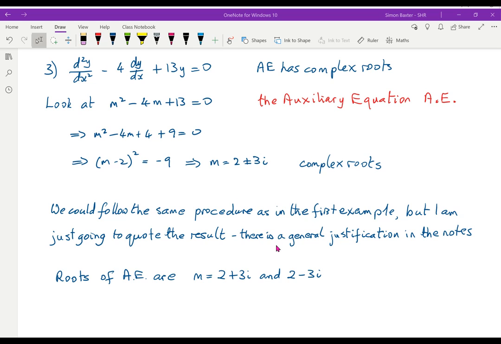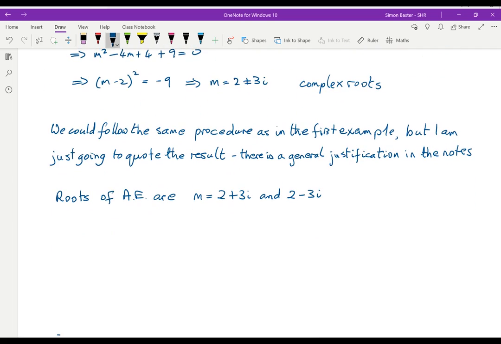There is a general justification of what's going on in the notes. So the roots of my auxiliary equation are 2 plus 3i and 2 minus 3i. That tells me that my general solution is y equals a e to the 2 plus 3i x plus b e to the 2 minus 3i x.